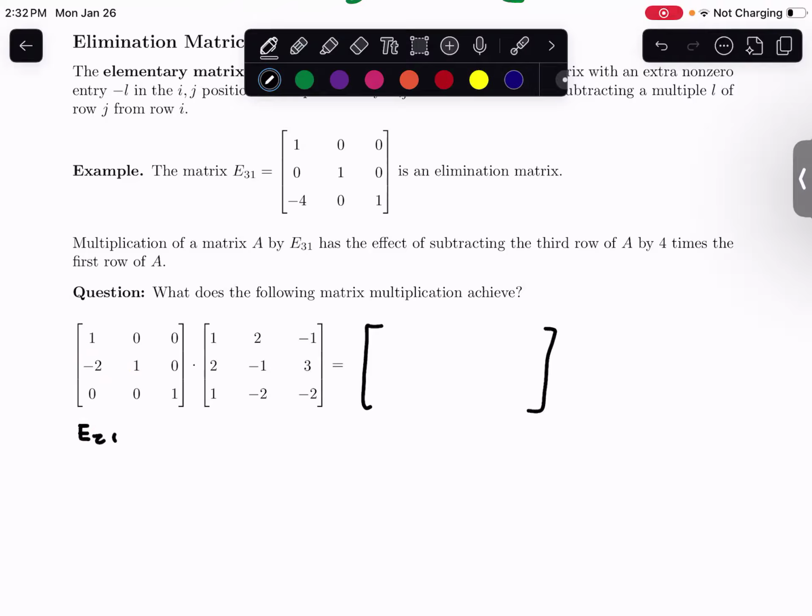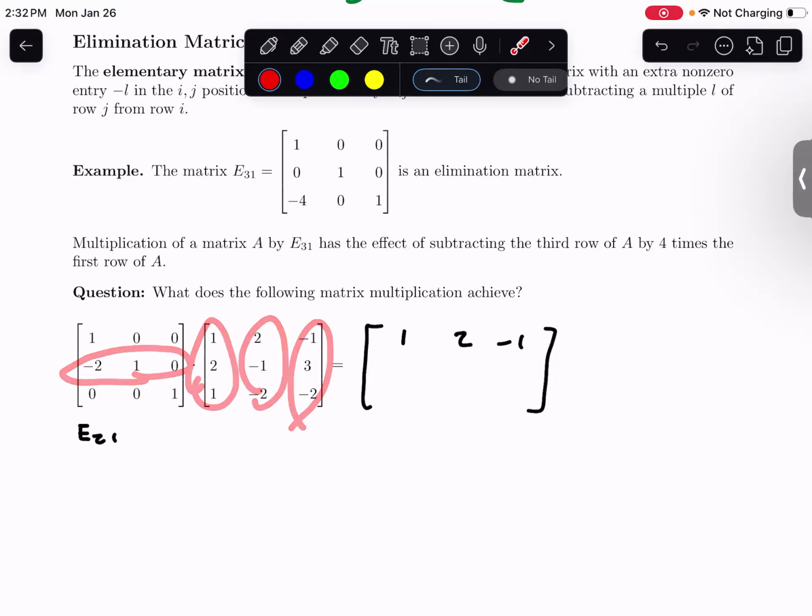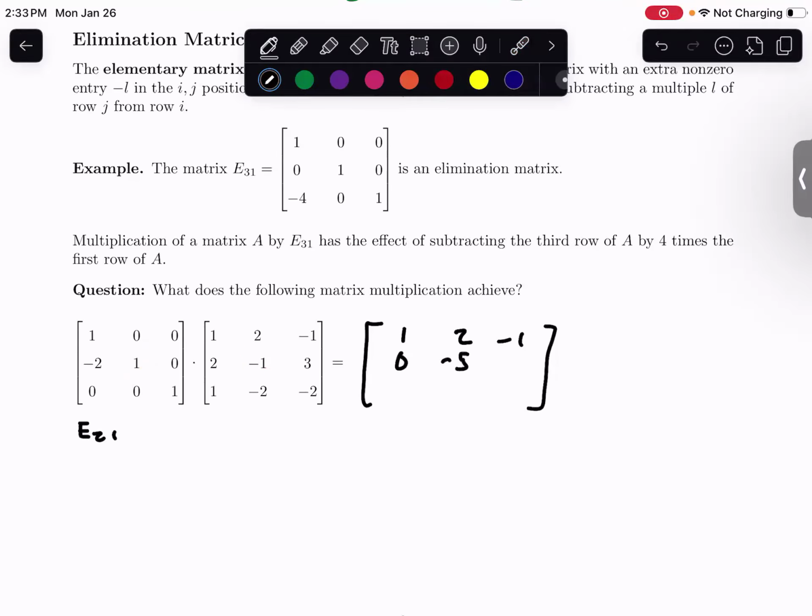If you perform this multiplication, the first row is just the first row of the identity, so it preserves whatever the original first row was. What's new is going to be the second row. To get the second row, you do the dot product of this row with these 3 columns to get the 3 entries. So we have -2 times 1, that gives you -2, plus 1 times 2 gives you 0. Then -2 times 2 gives you -4, plus 1 times -1 gives you -5.